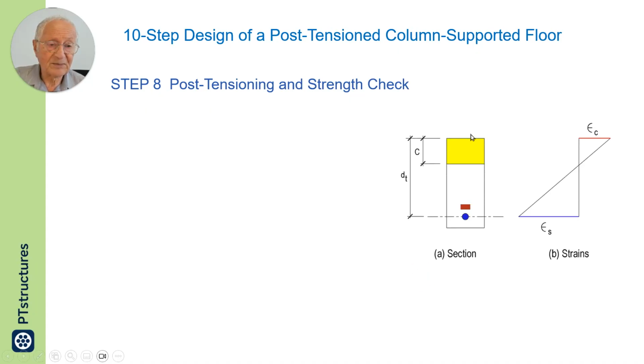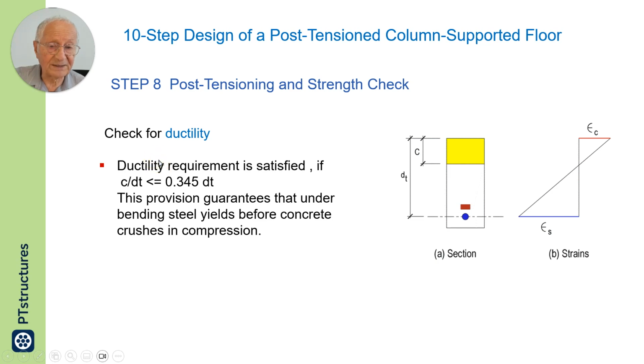This is the strain diagram. This is the stress diagram. Depth of compression zone. For ductility, the depth of the compression zone, C, should be less than a fraction of the distance to the farthest rebar. This provision guarantees that under bending, steel yields before concrete crushes.